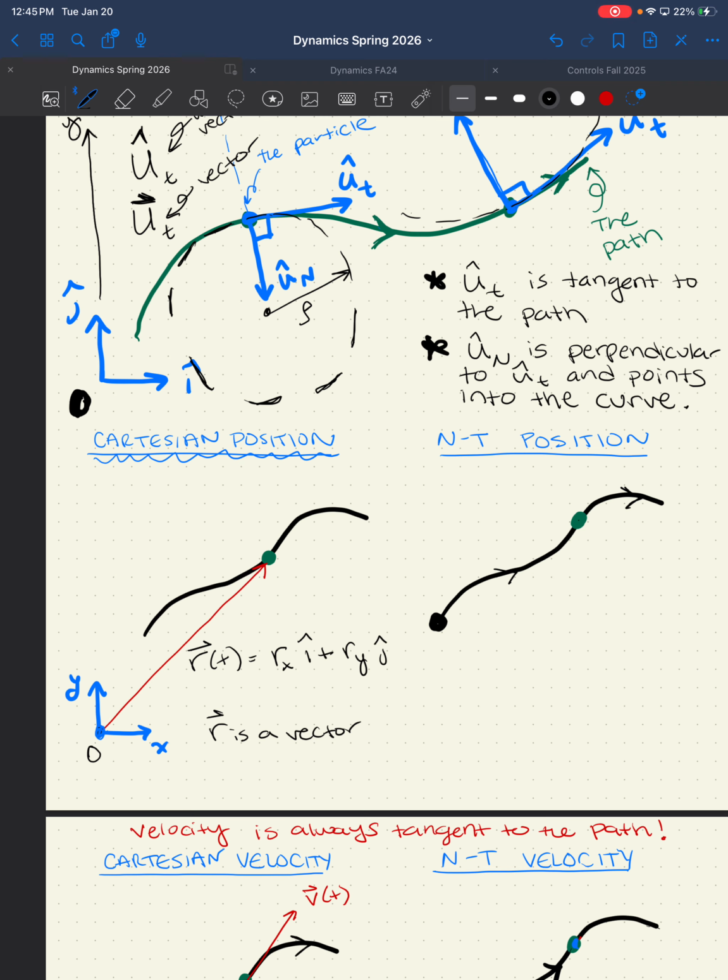Now for our normal and tangential position, things get a little bit weirder. For normal and tangential, we define an origin of the path.